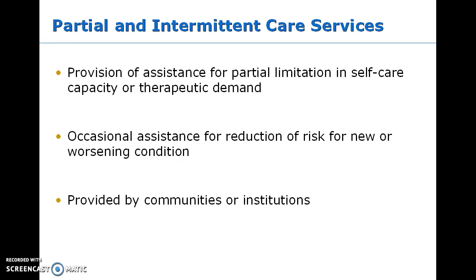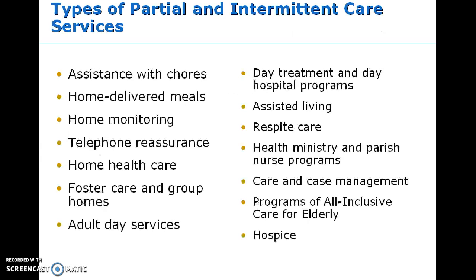Let's look at partial and intermittent care services. As you read the bullet points, the next slide will tell you about some types of partial and intermittent services. Here we go. Look at all the different types of partial and intermittent care services. Adult day services.